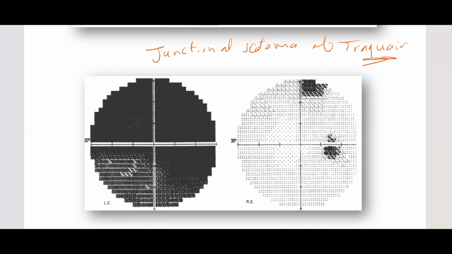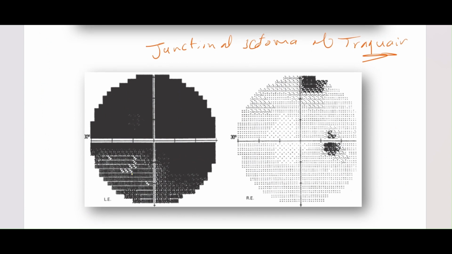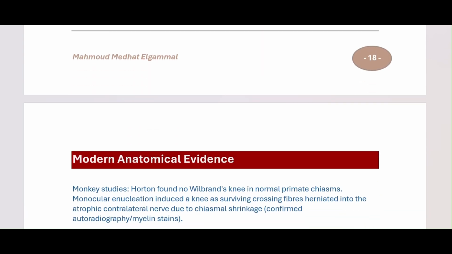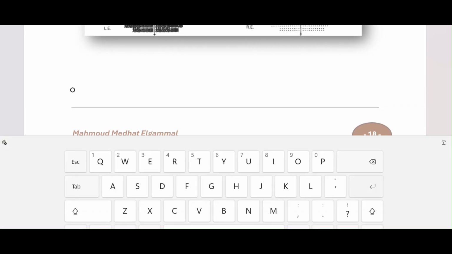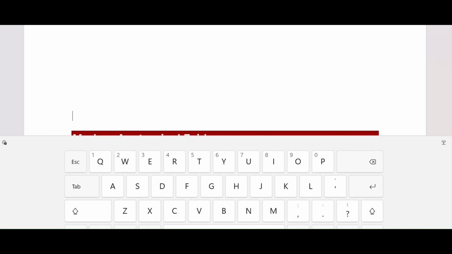So the junctional scotoma might take the form of complete blindness of one eye, which is complete affection of the optic nerve on one side, associated with superior temporal scotoma. Simply, we can draw it here, the visual pathway.